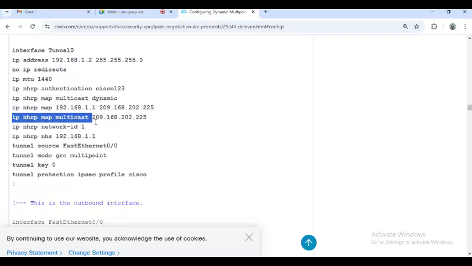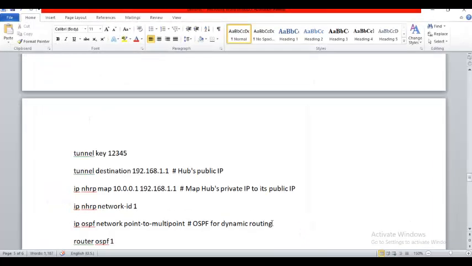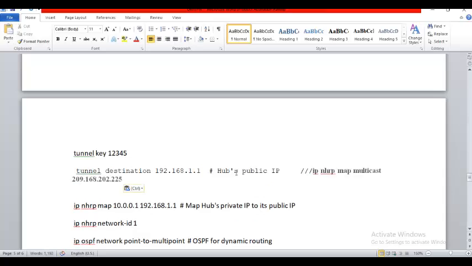So what I'm going to do is copy this to the document. I'll send the document to you later. So we don't do this one, we do this one.